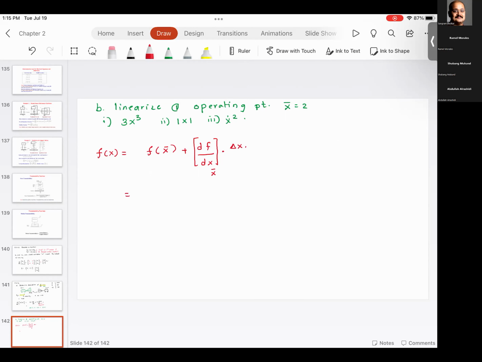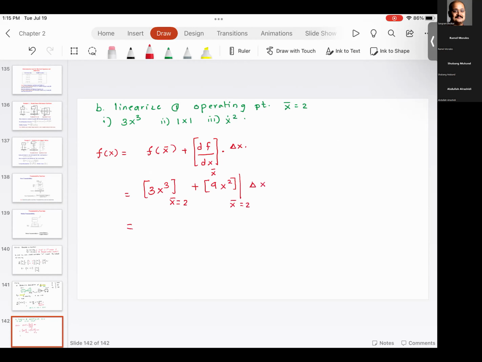So let's substitute. 3x cube at x bar equal to 2, plus df by dx, which is 9x square at x bar equal to 2, delta x.